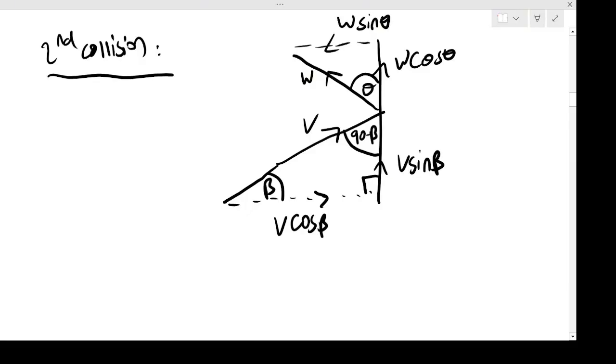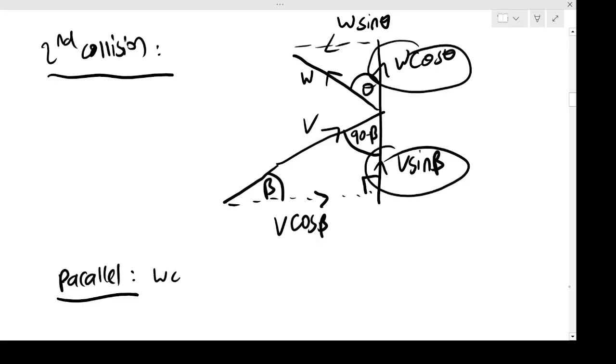Okay, there we are. And so my parallel parts, the parallel to the vertical wall, is going to be these two parts here. So W cos theta is going to be V sine beta.